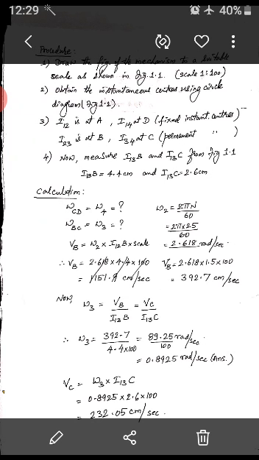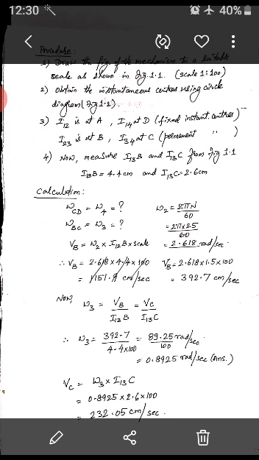Now see the calculation. For link number 2, the RPM is given, 25 RPM. So 2 pi n by 60 is the formula. When you calculate omega 2, you get 2.618 radian per second. Velocity is omega into R. So omega is 2.618 and the length of link AB is 1.5 meters.